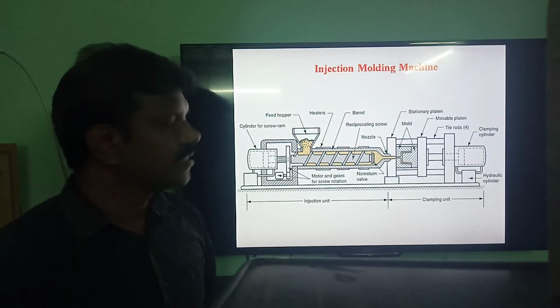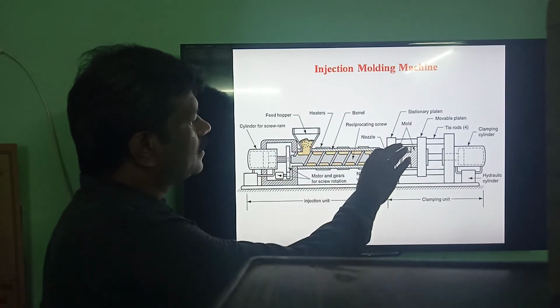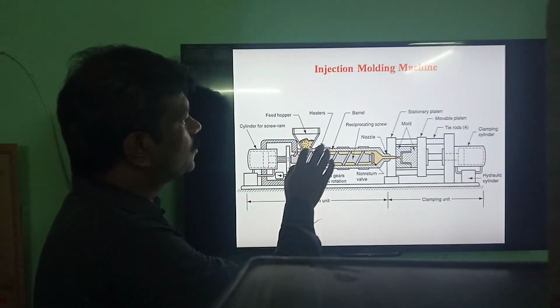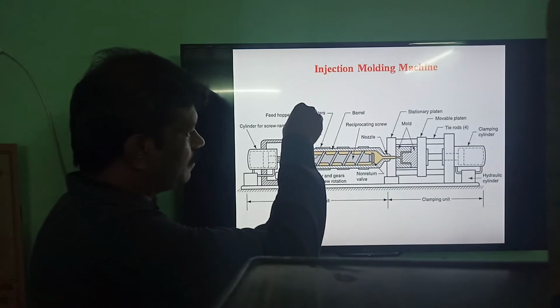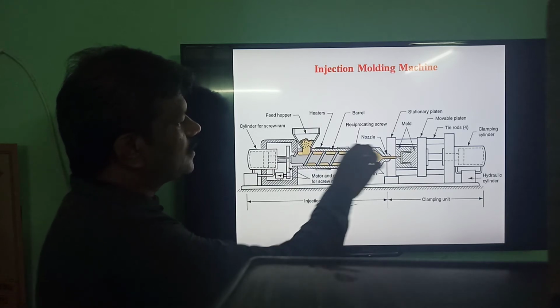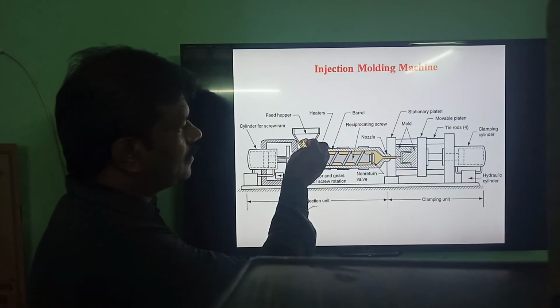This is the injection molding machine. You see, this is the barrel, this is a screw conveyor, and this is a hopper. The hopper is used to feed the plastic pellets. Around the barrel there is a heater, and that heater is used to melt the plastic pellets.